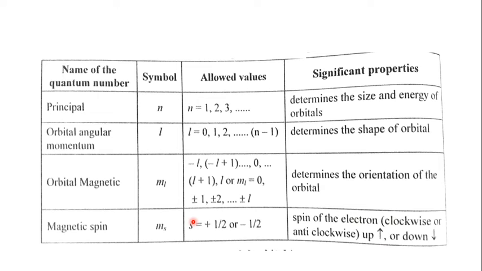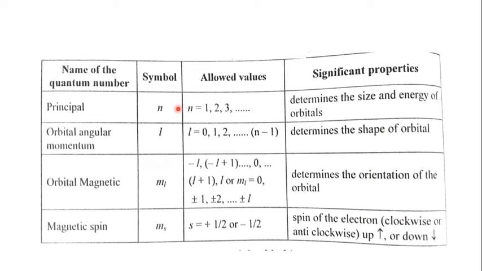This is a small table which gives the information about all four quantum numbers. First is the principal quantum number, which is denoted by the symbol n. So n is equal to 1, 2, 3, and so on. Its significant property is that it determines the size and the energy of the orbitals.